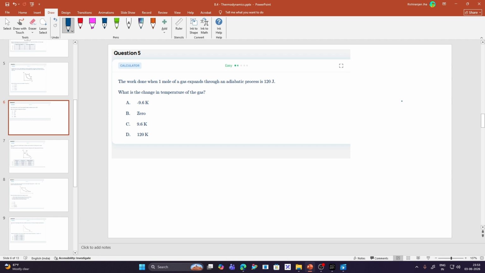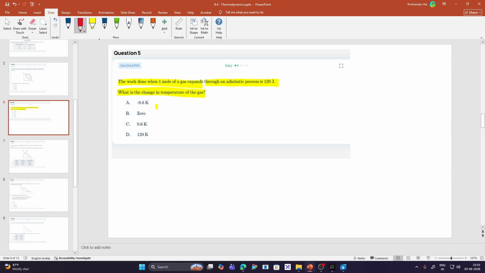So let's begin with question number 2. This question says: the work done when 1 mole of gas expands through an adiabatic process is 120 joules. We need to calculate the change in the temperature of the gas, right?